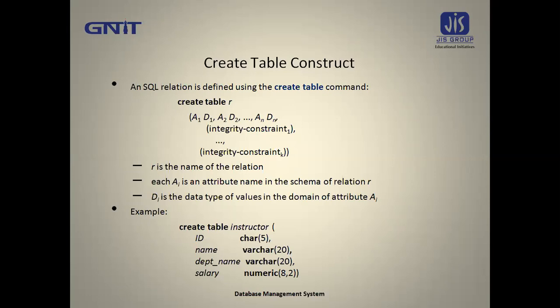So here salary is numeric(8,2). That means an 8 figure salary with up to 2 decimal places to the right is allowed. This is how you create a table: you write the relation name, you write the attributes, and for each attribute you write the corresponding data type.